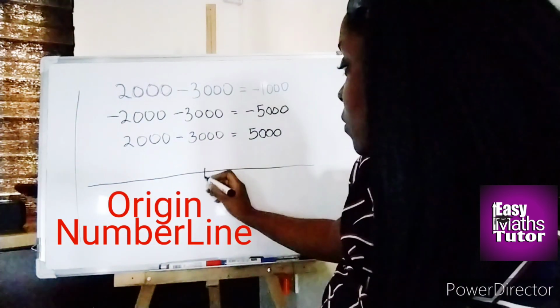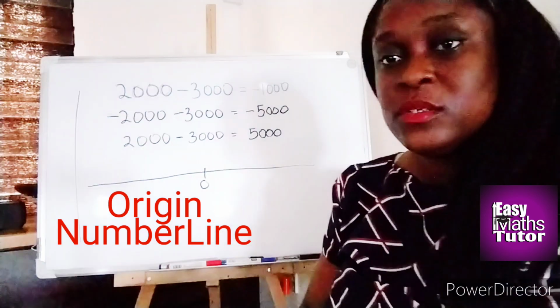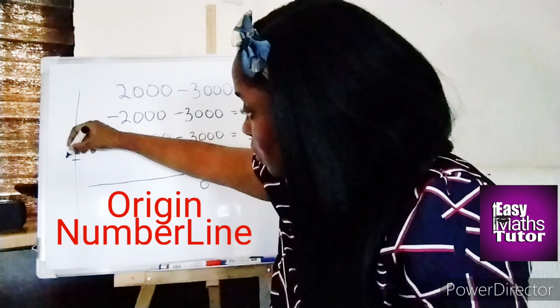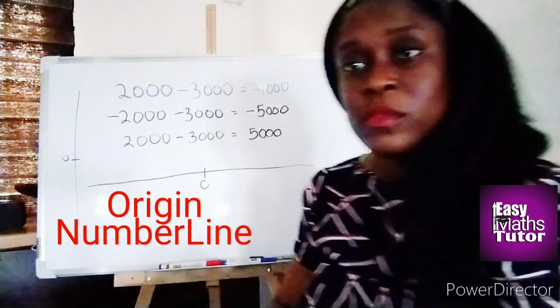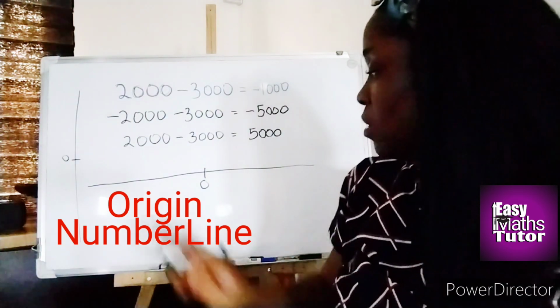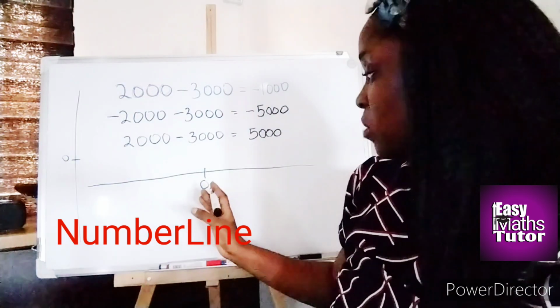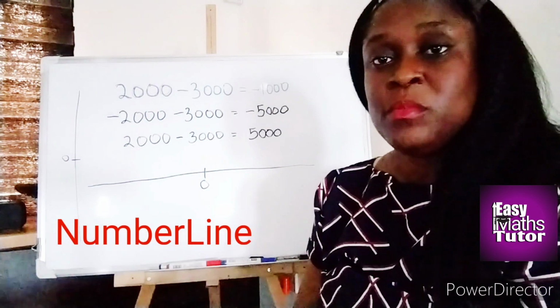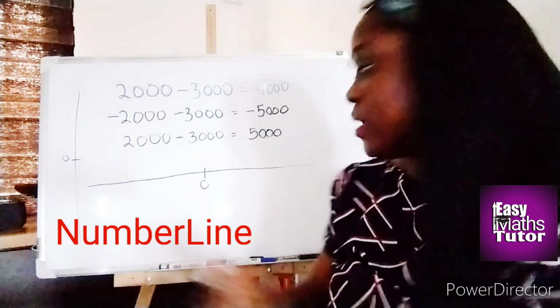For the horizontal, it has an origin 0, while for the vertical, it also has an origin of 0. All right? So also, our negative numbers will be towards the right-hand side, while our positive numbers will be towards the left-hand side.